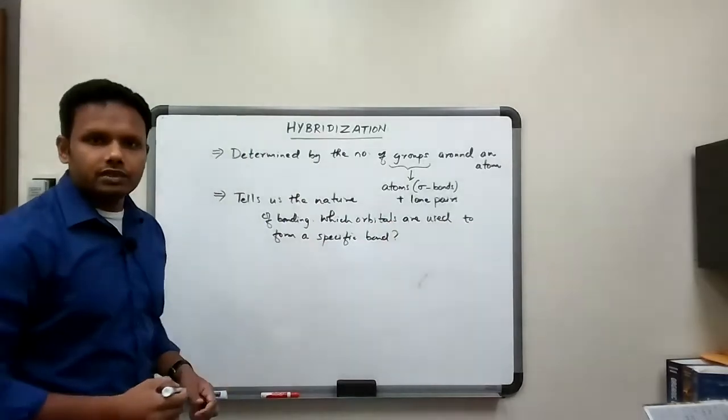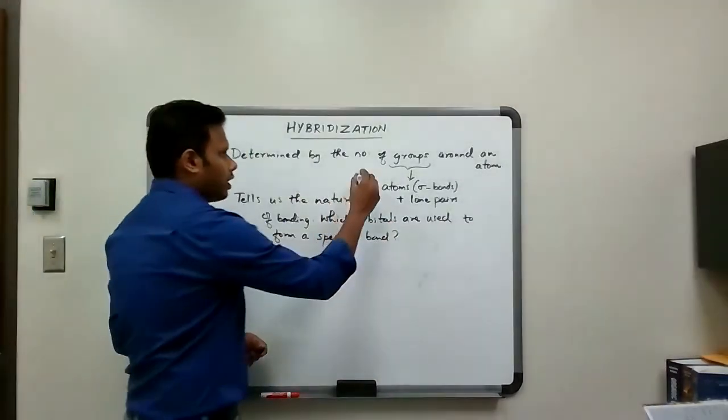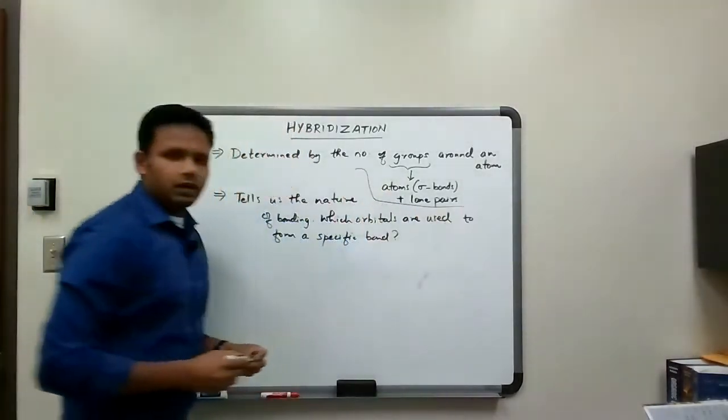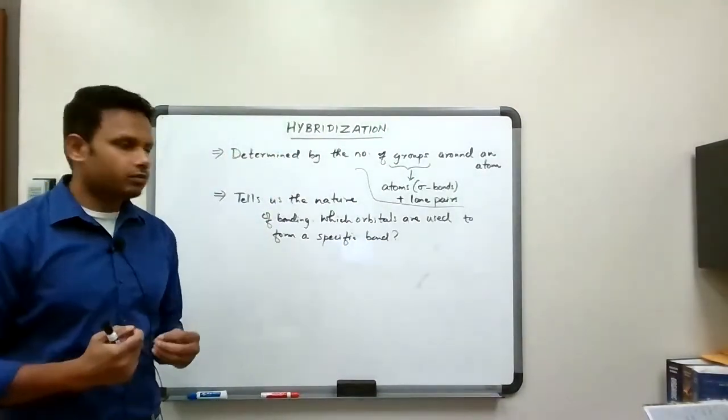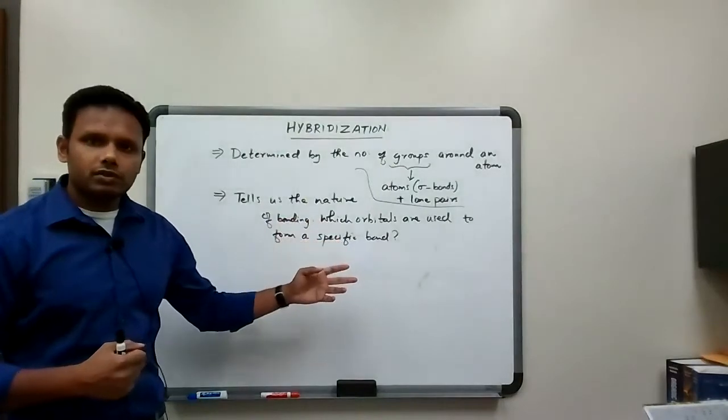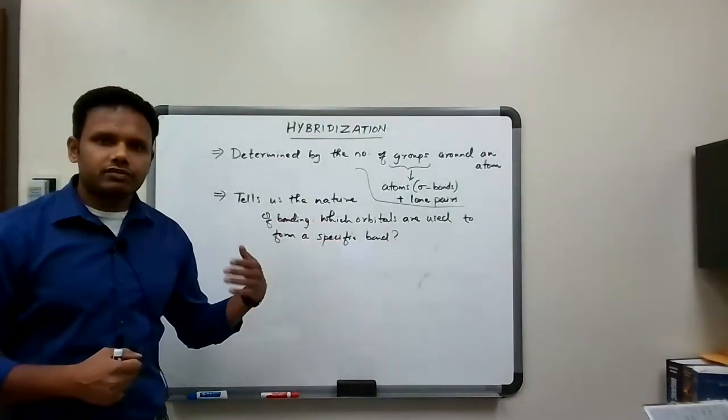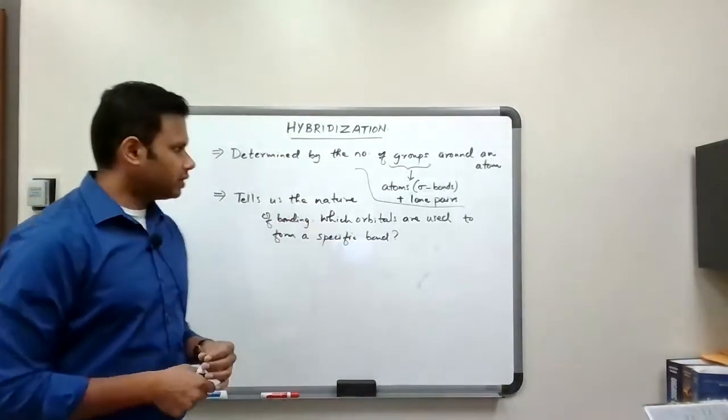That's the information that we're going to get out of this concept of hybridization. It would help us determine which orbitals are used to form a specific bond. That's the information that we get out of it.